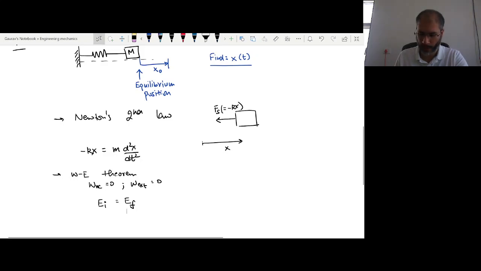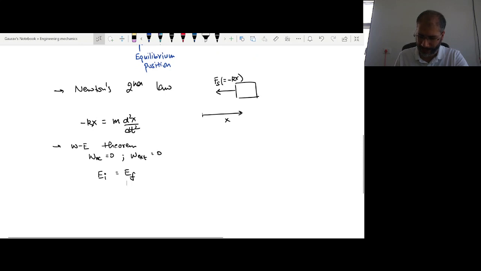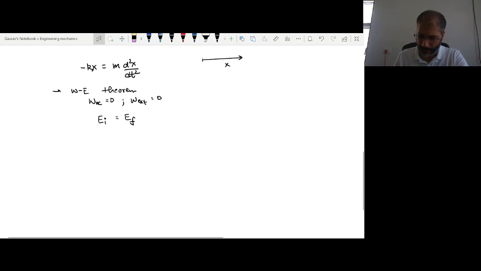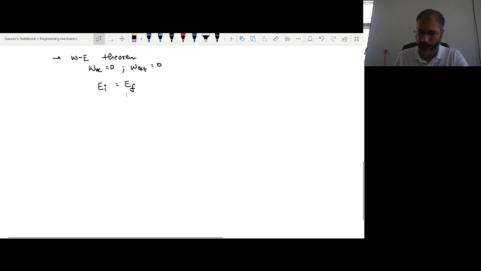It's up to us how we want to take the initial and final positions. So we will take the initial position as the position where the mass was at the maximum elongation.